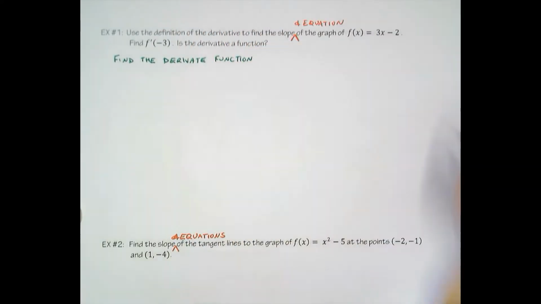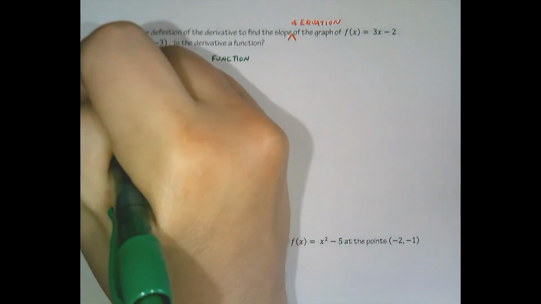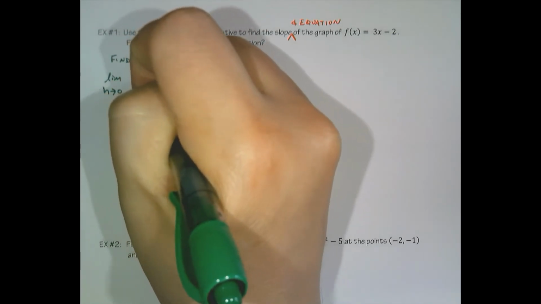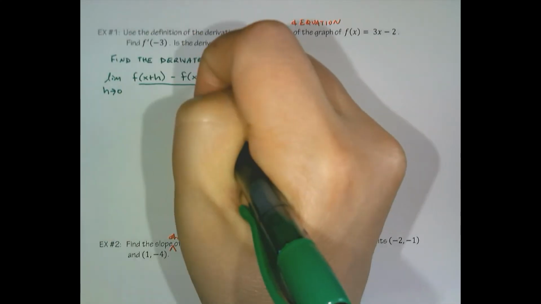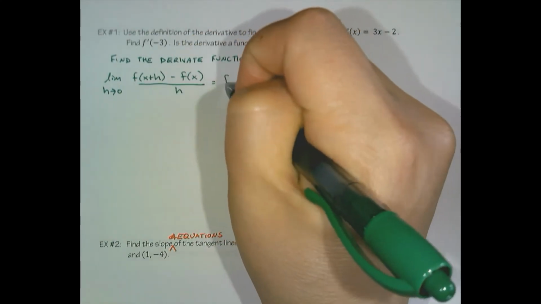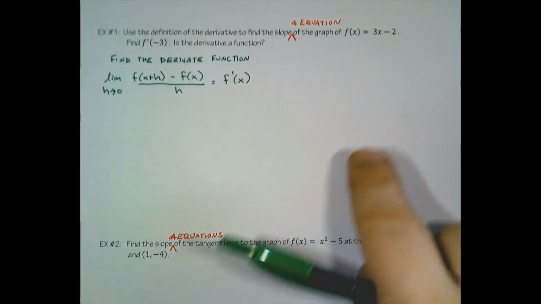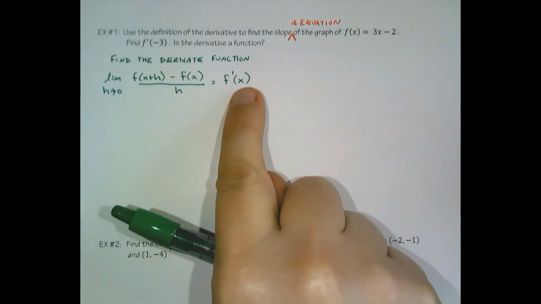And the formal definition of finding the derivative function says the limit as h goes to 0 of f of x plus h minus f of x over h. This is our f prime of x. So this is what we're going to do to this function to find f prime of x.